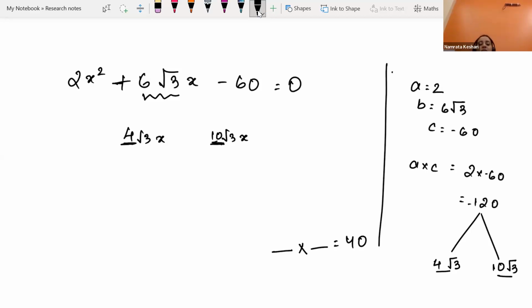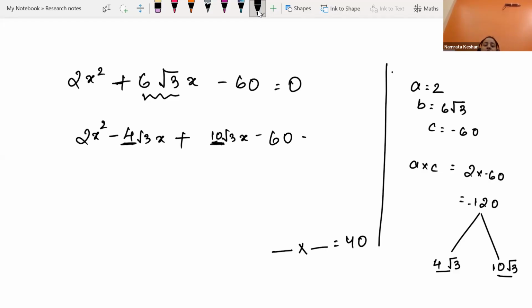So we will do the division. 120 by 3 is 40. So 40 is the number we now need to make. So 10 into 4 is 40 and these two numbers subtracted together are going to generate 6 root 3. Minus 4 root 3 plus 10 root 3. Right, Zoha? Yeah, because then it will take the positive sign to subtract it.